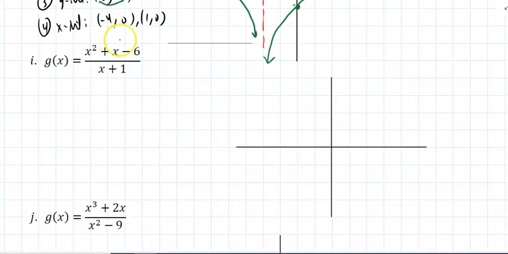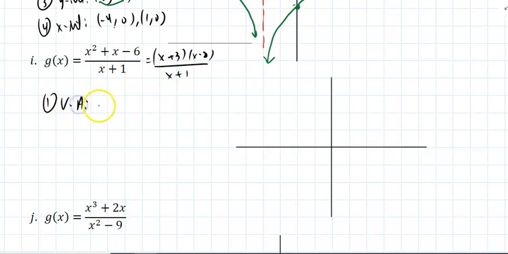This problem, if I factor this, that's going to be x plus 3, x minus 2, over x plus 1. So this is the third case. 1, vertical asymptote is x equals negative 1. 2, I'll get to in a minute. 3, the y-intercept.